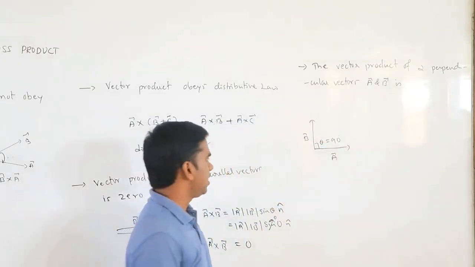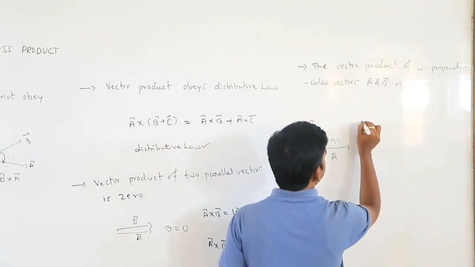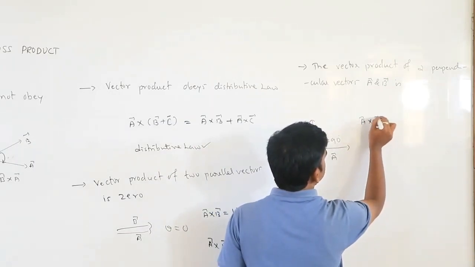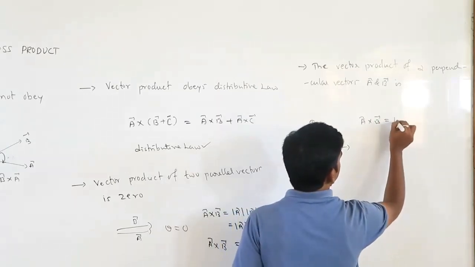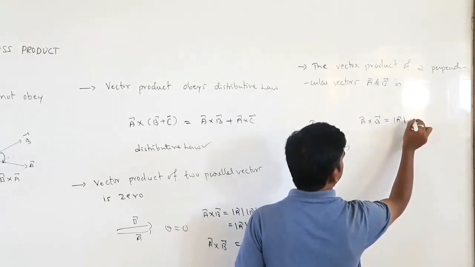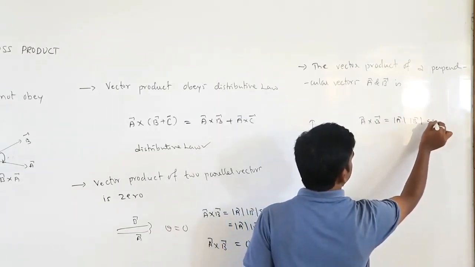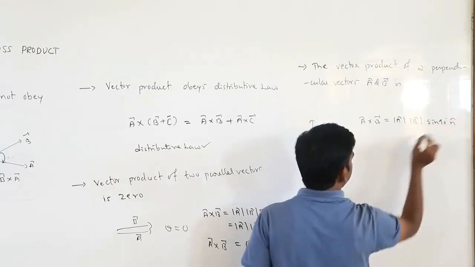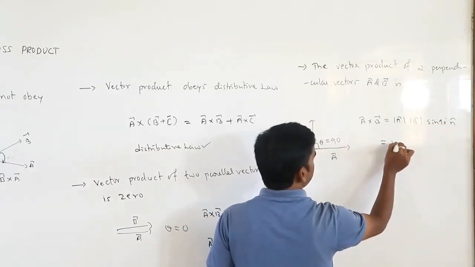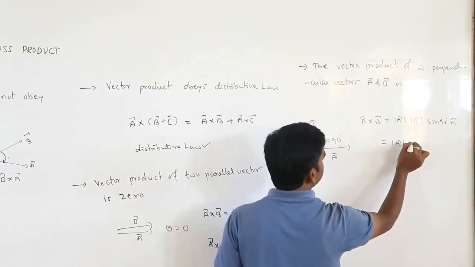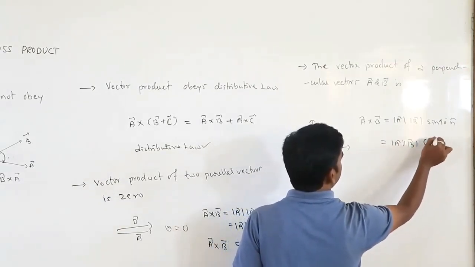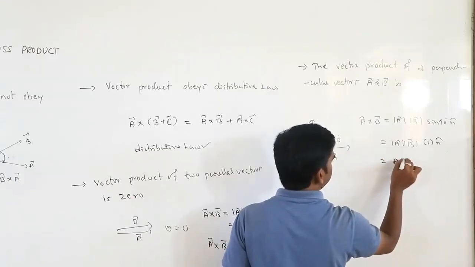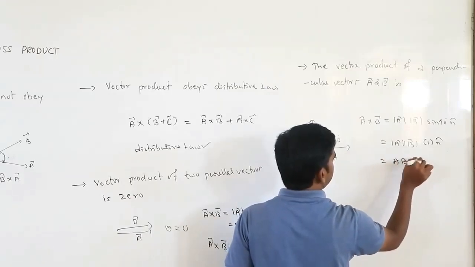So if the angle between them is 90 degrees, what will be A cross B? A cross B equals magnitude of vector A, magnitude of vector B, sine of 90 degrees, then n cap. Sine 90 is 1, so you can write simply AB n cap.